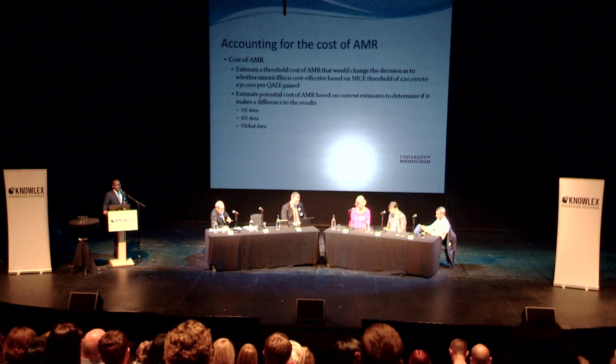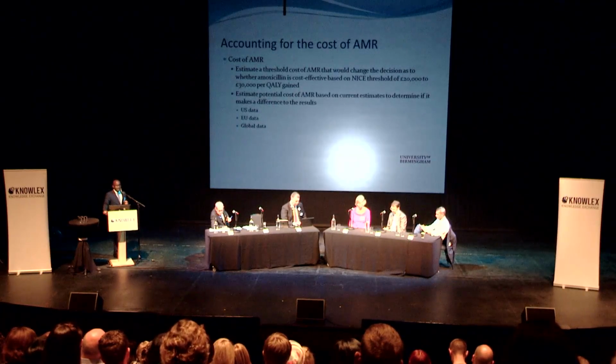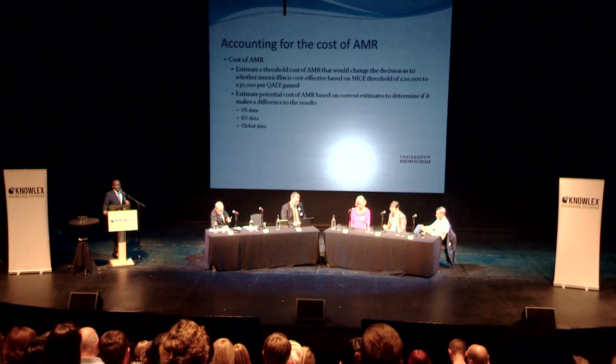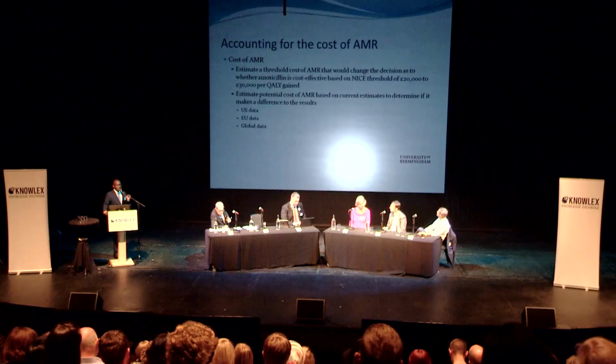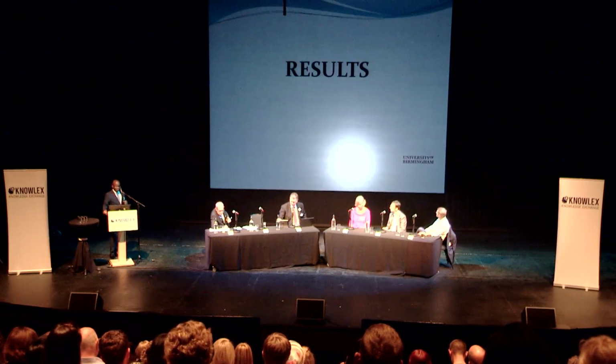That's US data, we used data from the EU, and we used some global data. So we found out the costs, and then we found out the number of prescriptions, and we estimated the cost per prescription, which was applied to every patient who had amoxicillin or any antibiotic, irrespective of whether they were in the control or the intervention arm.